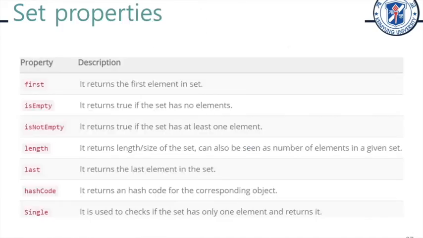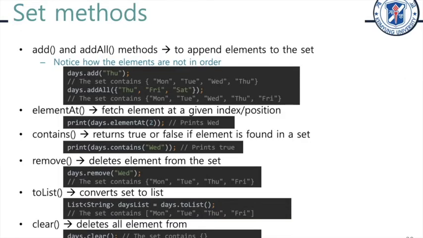There are some properties associated with the set, and there are also methods associated with the set. If you want to add an element to a set, or add multiple elements to a set, you can use add or addAll. You can find elements, and you can check whether an element is contained, and other things.